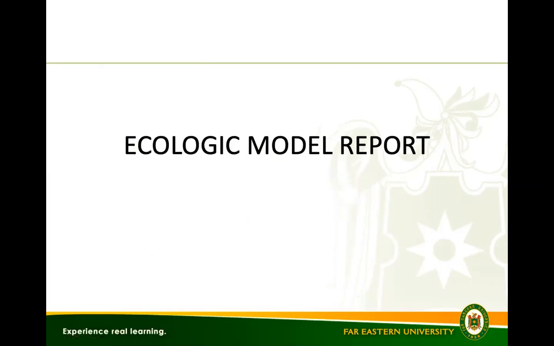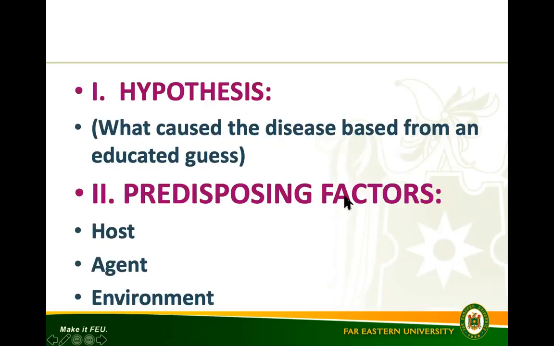Now, how do we write the ecologic model report? Okay, we start writing the report by first writing our hypothesis, by basically answering what caused the disease based from an educated guess. Okay, so it is an educated guess about what caused the disease of your patient.